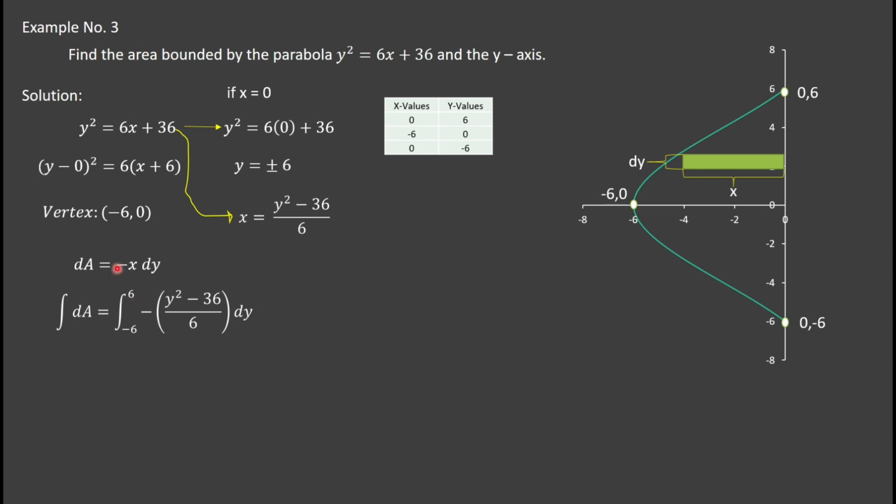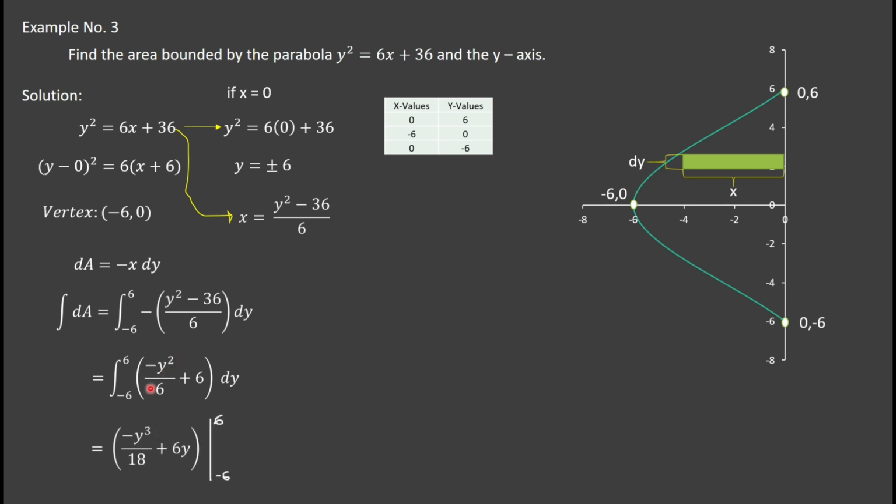We indicate the negative x here since the area is in this portion, so our x is considered negative. That's why I put negative x. So the integral of the quantity negative y squared over 6 plus 6 dy, with limits from negative 6 to positive 6.